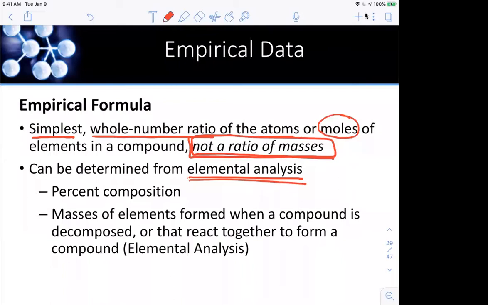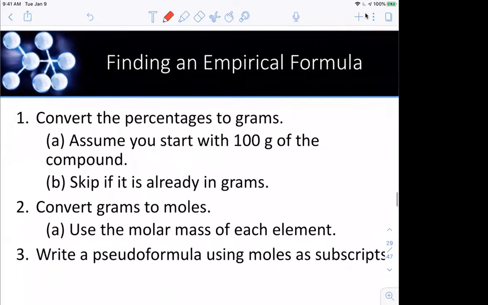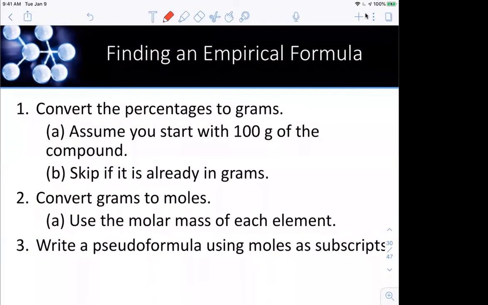This can give me percent composition experimentally, or it can give me the masses of elements formed when a compound is decomposed or reacted together to form a different compound, which is called elemental analysis. So, how do I find an empirical formula?